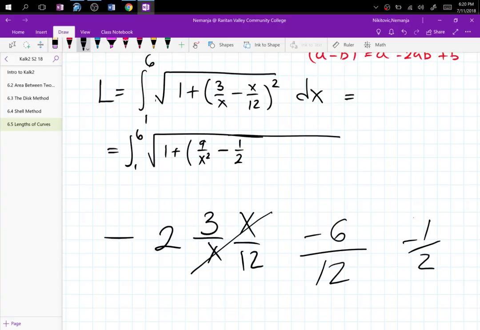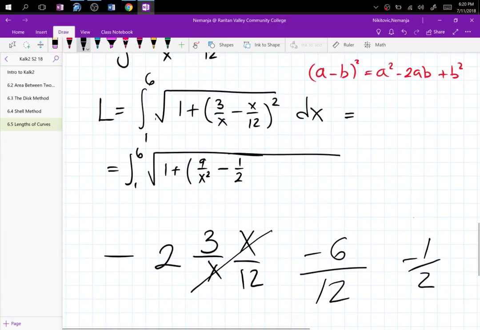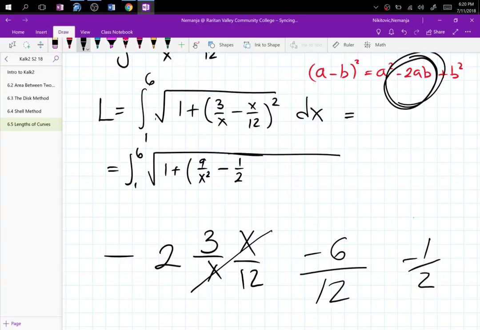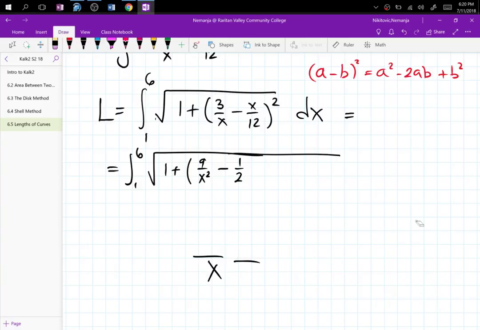Are we all agreeing on that? So that would be the middle term from our expansion, negative 1/2. So all of the x's, everything is gone. And then we have plus x squared over 144, close parenthesis, dx.